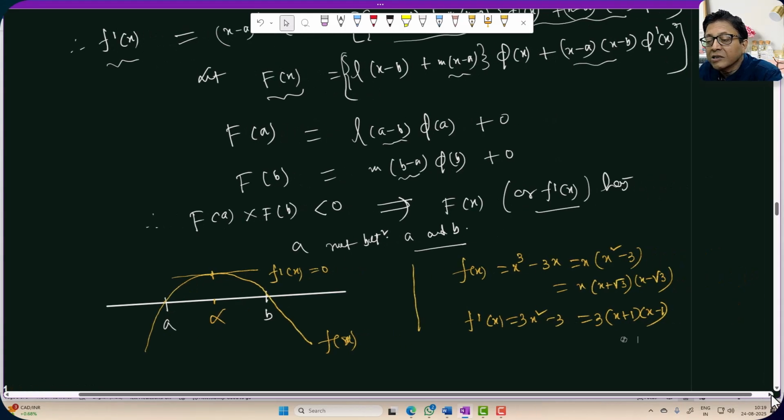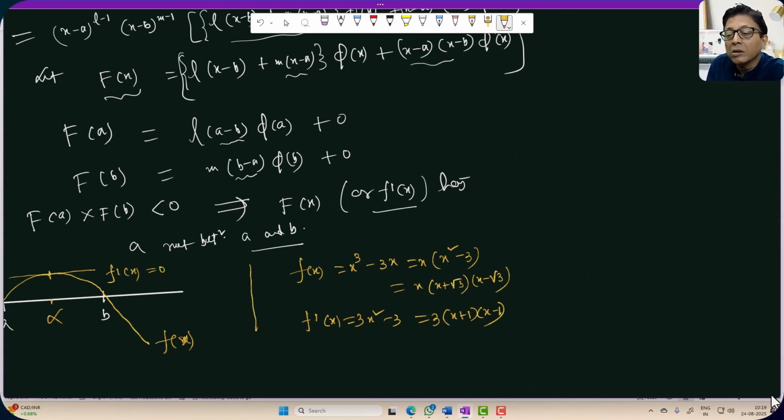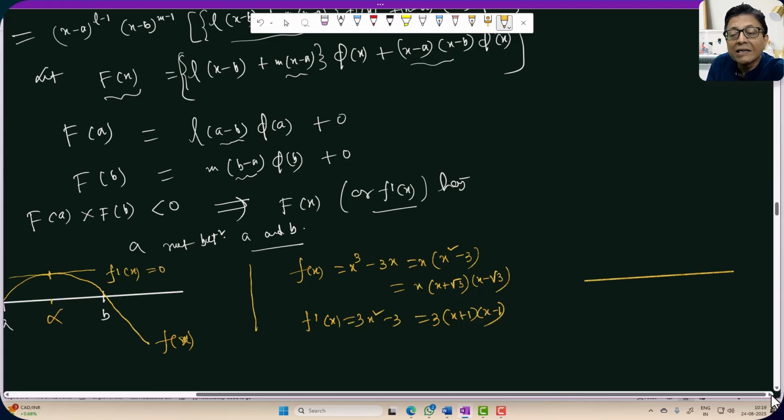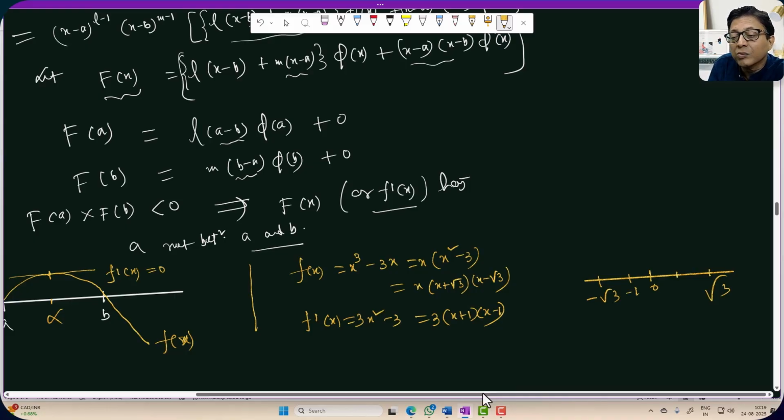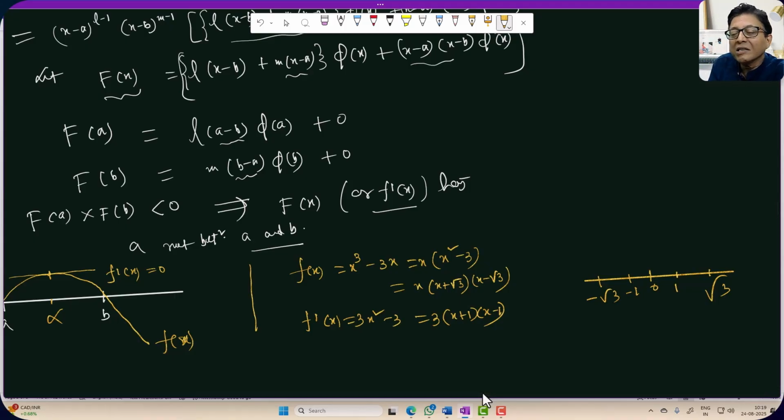Now, if we start plotting on the x-axis, roots of fx 0, minus root 3 and root 3, and here minus 1 and plus 1. So what do you observe? Between minus root 3 and 0, there is a root. Between 0 and root 3, there is a root.